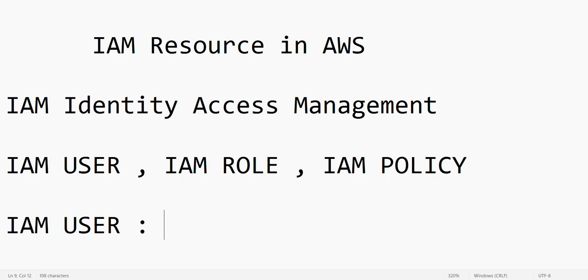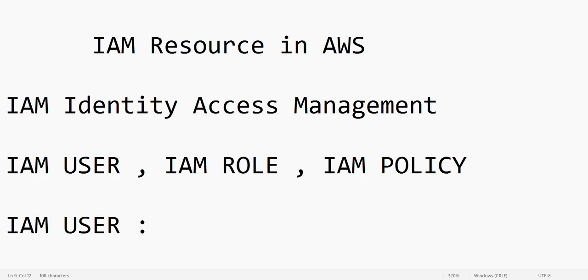Identity Access Management user. It means, for example, a developer needs to access one of the AWS resources like EC2 or S3 or CloudWatch. He doesn't need to access all the resources. At that time, we create an IAM user and give credentials to that user for login.